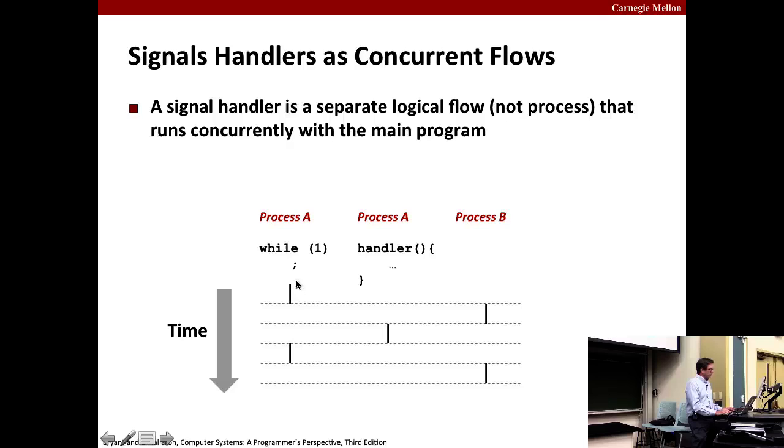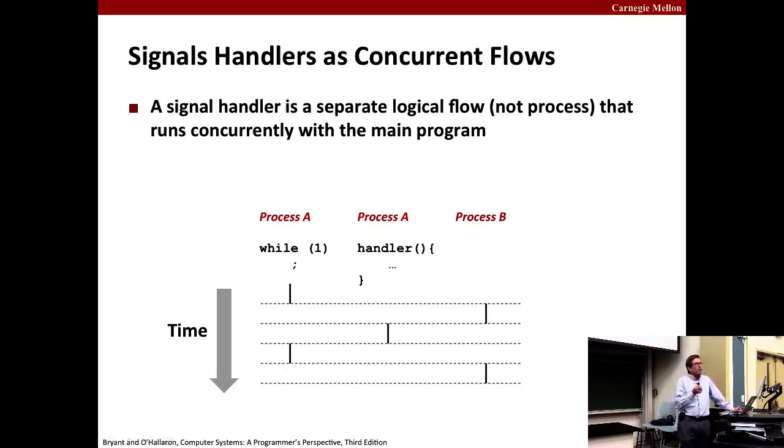So let's say we're executing a while loop in process A. Then process A receives a signal, which causes a transfer of control to this handler. This handler executes, so this is a concurrent flow that overlaps in time with the while loop in process A. Eventually this handler returns, and we return back to process A.